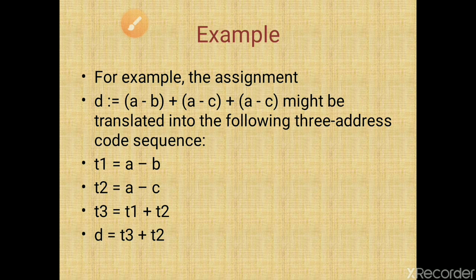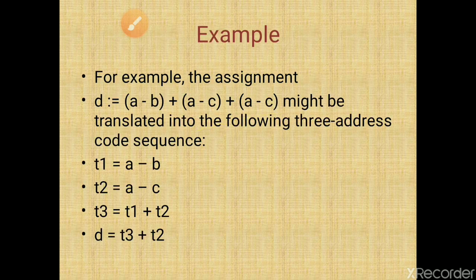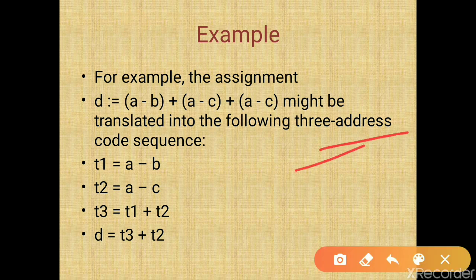Here you can see in this example, it is given an expression d is equal to a minus b plus a minus c plus a minus c. Now what is the first step? We have to call the getReg function, and we will convert the expression to a three address code sequence. So the three address sequence is: a minus b is given to temporary variable t1, t1 is equal to a minus b.